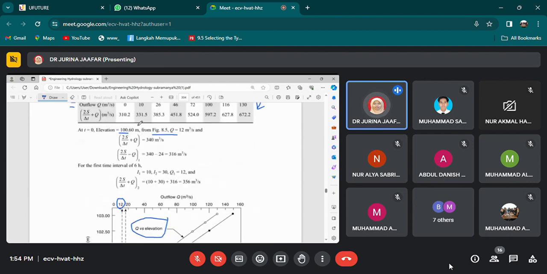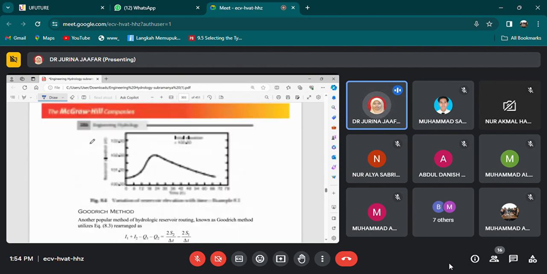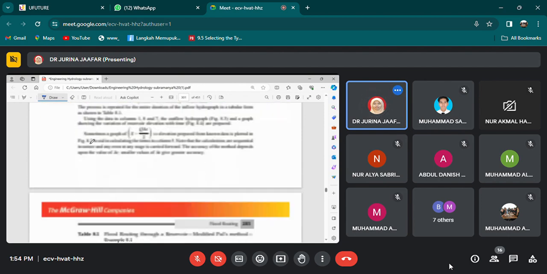Okay, from there, bila kita dah dapat 12, so how you get 340? Okay, 340 ni by 2, dia 2 kali dengan storage. Storage ni kita bila T sama dengan 0, kita ambil storage dia dekat sini.